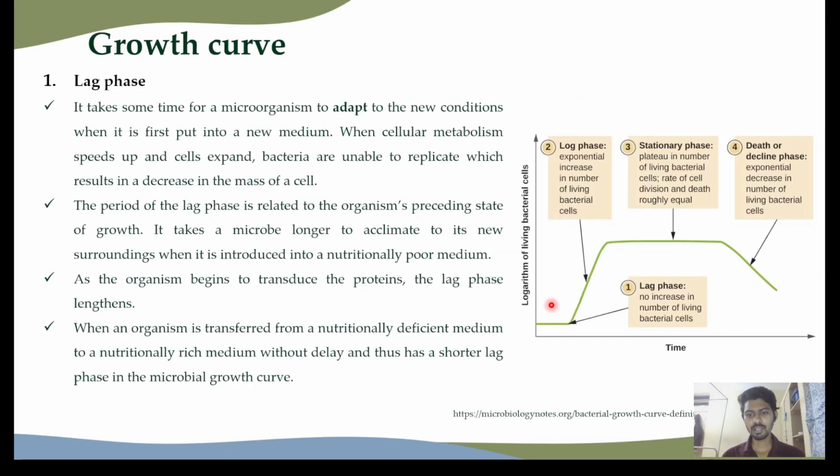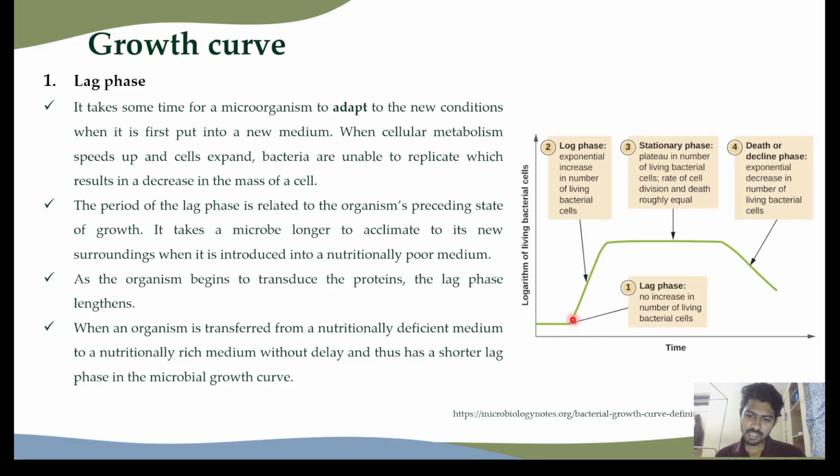As I said, the graph is plotted between the log of living bacterial cells versus time, where we can see different events. First is the lag phase, next is the log phase, third is the stationary phase, and fourth is the death or decline phase. What do we call the transition phase?